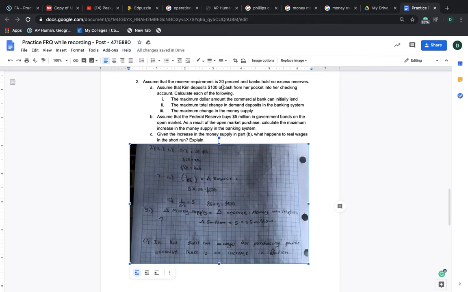So they give you the required reserve, and you just multiply it times the full deposit. It's 100 times 0.2, that's 20%, and you get 20. And that will be the part that will be held by the Federal Reserve. And then you subtract that, 100 minus 20, the required reserve, and you get 80 to lend.